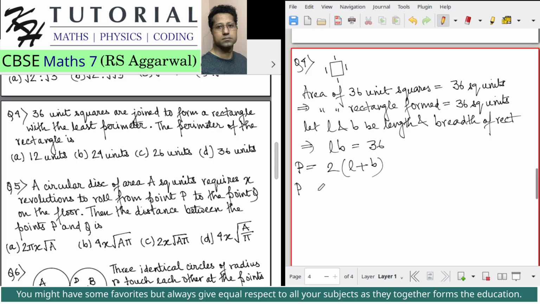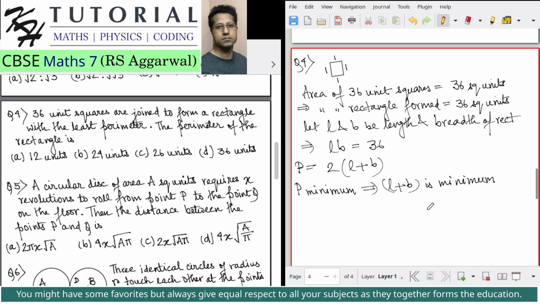So P minimum implies L plus B is minimum. So how can we now choose L and B such that L plus B is minimum and L into B is 36? Okay, so now let's see how we can choose L and B.